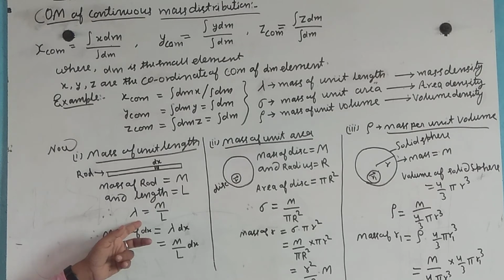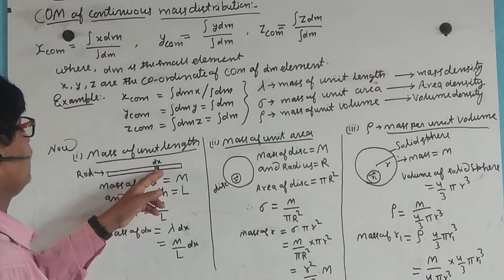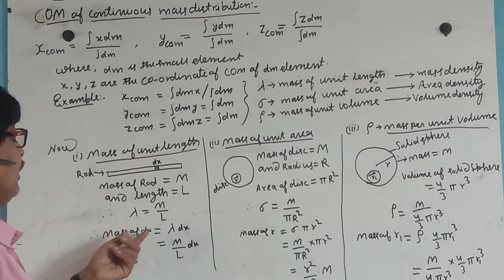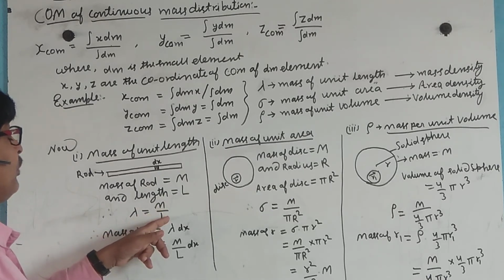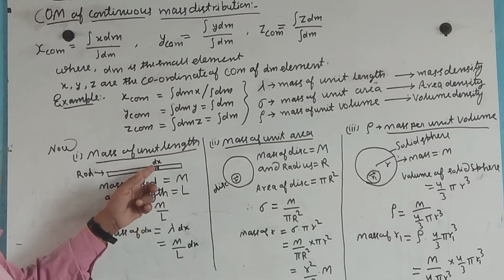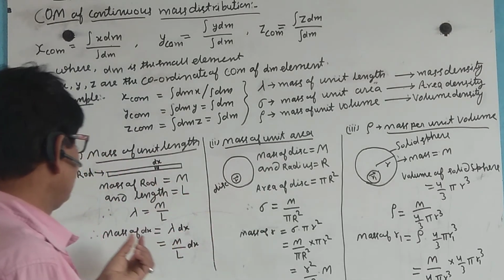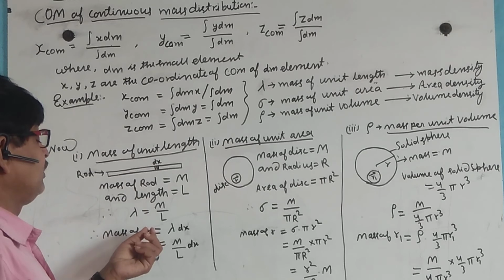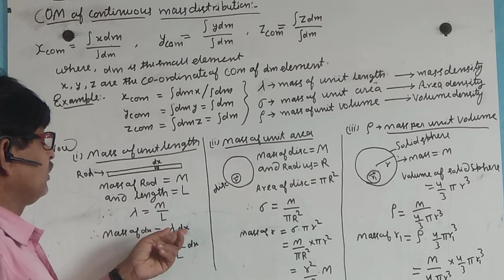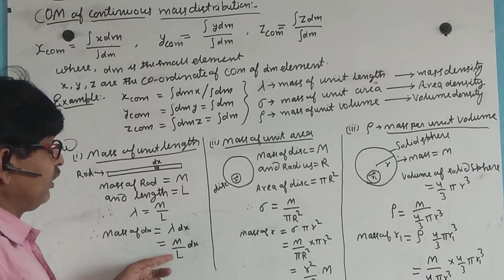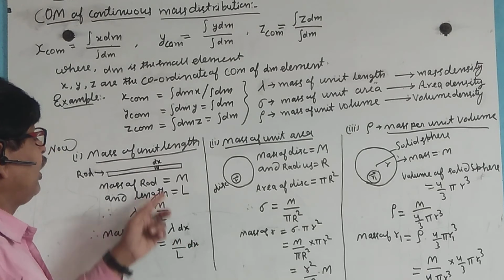In this case, we take a small distance dx, so the mass of this dx is lambda into dx, which can be written as (m by L) dx.